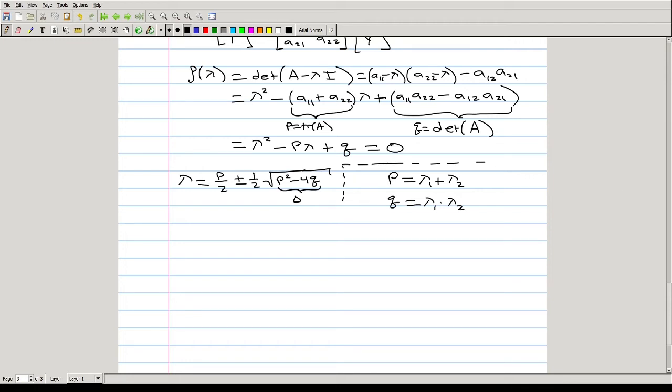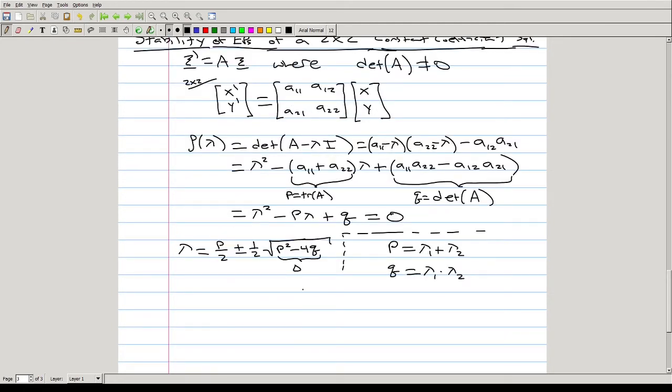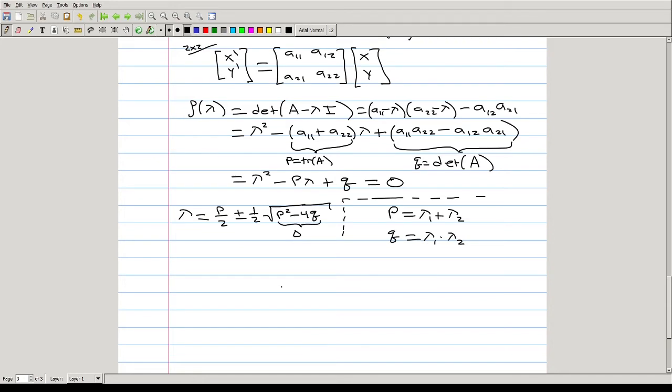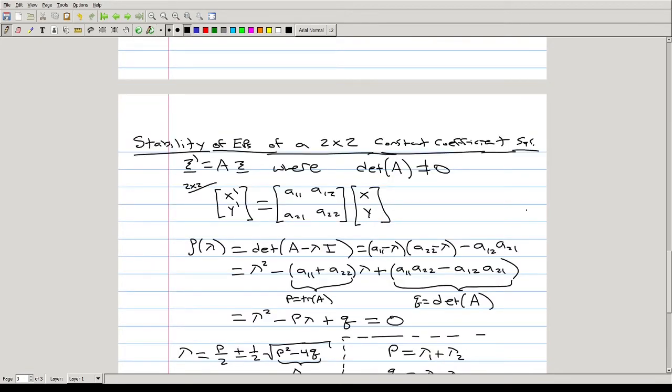And what this gives us is, after seeing what we've seen so far about getting solutions to homogeneous and inhomogeneous constant coefficient systems, we now know how to go through and actually determine what the solutions are going to look like for various values of P and Q, or lambda 1 and lambda 2, or for the eigenvalues of a given matrix. Remember that we're assuming that through all of this, the determinant's non-zero. The analysis will be different if the determinant is equal to 0, because Q will be 0.